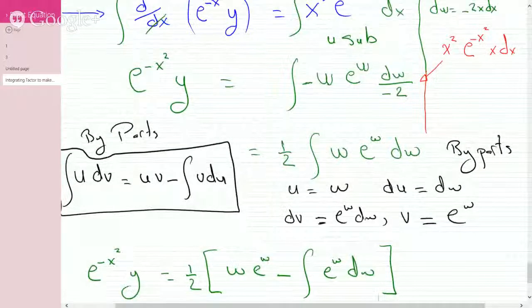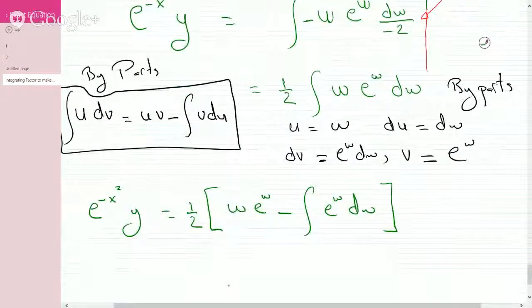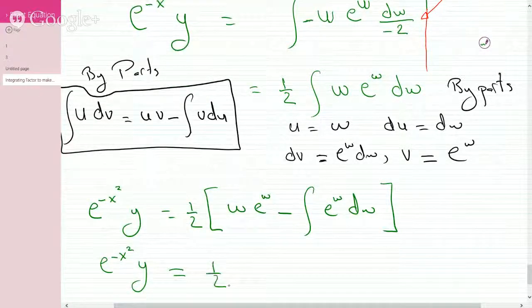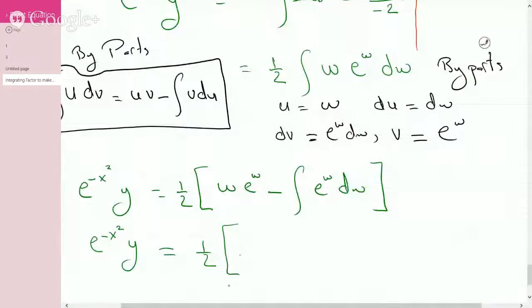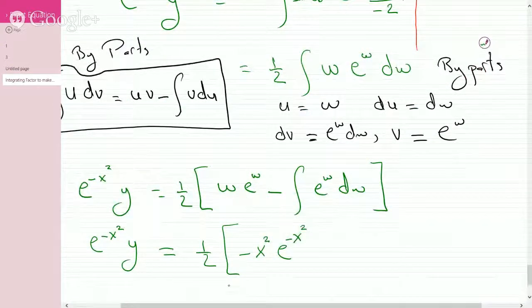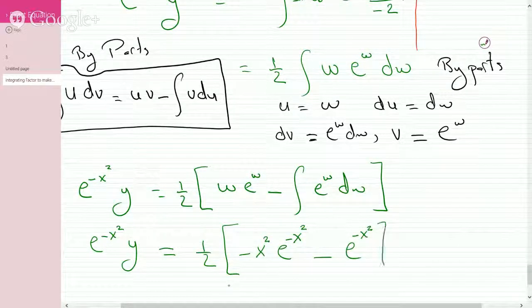W is just minus x squared, so we will replace it right now. So e to the minus x squared y equals 1/2 minus x squared e to the minus x squared, and the integral of e to the w is just e to the w. So we will write this as e to the minus x squared plus c.